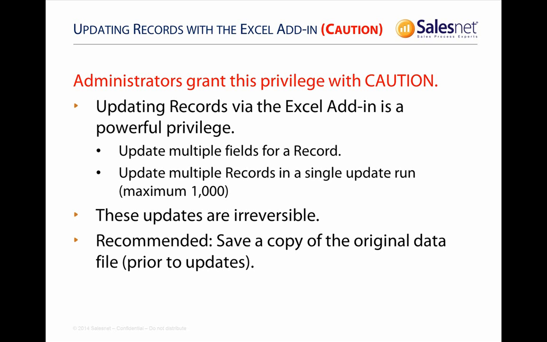The thing to remember here is that all of these updates that you perform via the Excel add-in are irreversible. They cannot be undone at any point. So the recommended way to proceed is to always save a copy of your original data file in the event that you would like to return to some of those values.